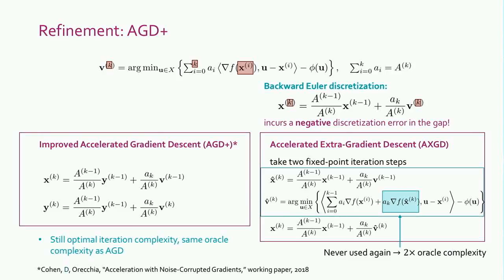Fortunately, we have a follow-up work with Michael Cohen and Lorenzo that corrects this issue. You can, in fact, still get optimal iteration complexity while having the same oracle complexity as Nesterov. The idea is mainly in the analysis.